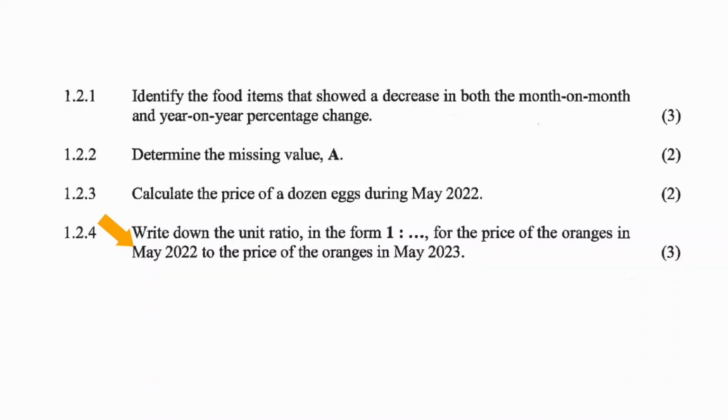Since this question mentions May 2022 first, followed by May 2023, we have to write the ratio in that order. This will give us a ratio of 22,07 to 20,10. Now, dividing both sides of this ratio by 22,07 will give us a unit ratio of 1 to 0,91.